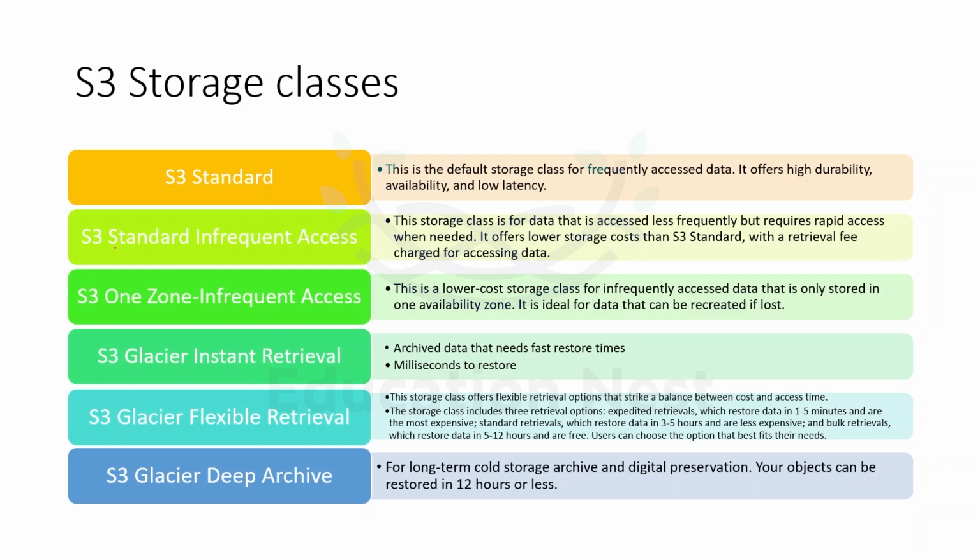The next class is S3 Standard Infrequent Access. As the name suggests, infrequent access. S3 Standard is the highest cost storage class. But if you want to lower the cost of storing your data and you think your data will not be accessed that frequently, then you can use the Standard Infrequent Access class. It offers lower storage cost than S3 Standard with a retrieval fee for accessing the data.